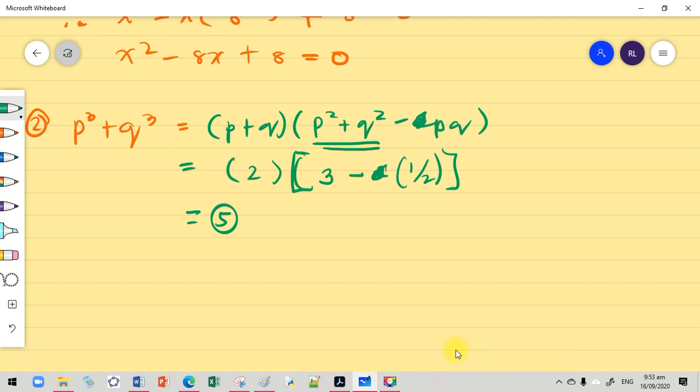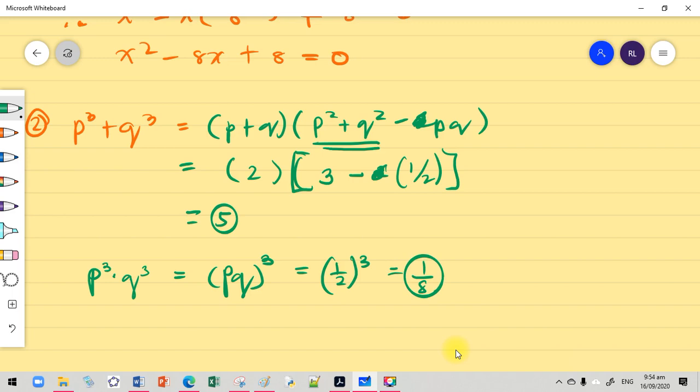So we have the sum of the new roots. Let's go with the product. The product is p cube times q cube, which can be written as pq cubed, and pq is 1/2, cubed, and that is 1/8.